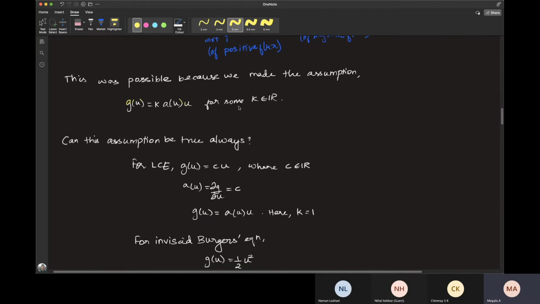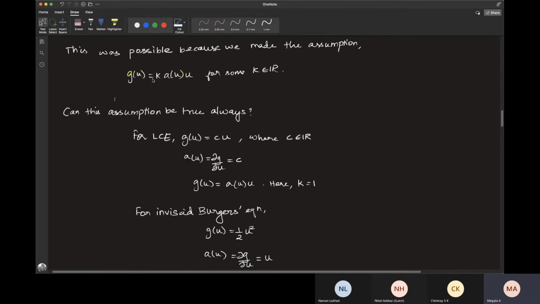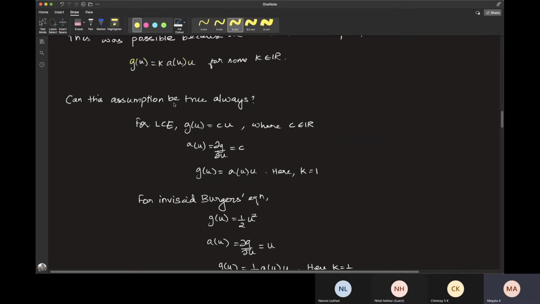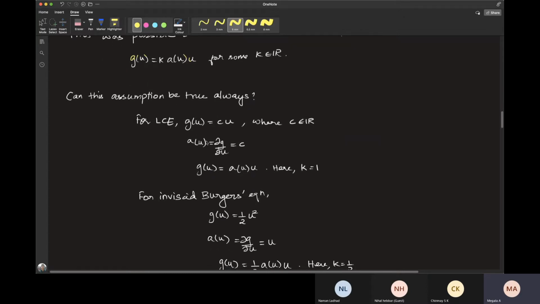So now what is this assumption? And can this assumption be true all the time? For the linear convection equation, we have g of u as c u, and here c is some general real number, and we have a of u, that is dou g by dou u, as c.